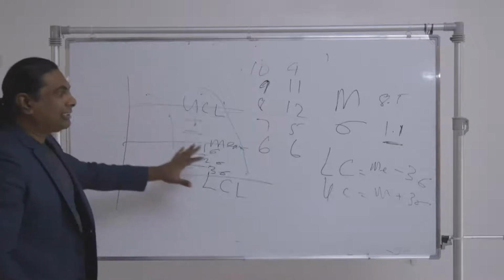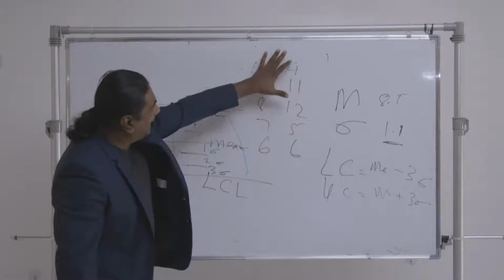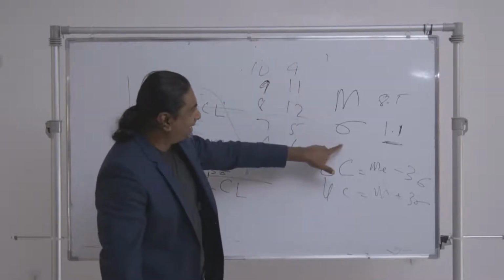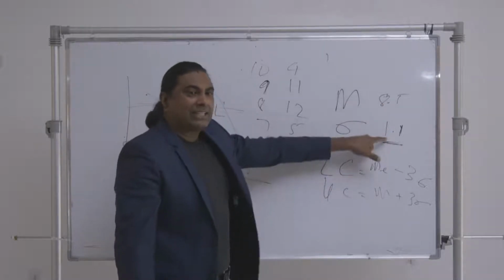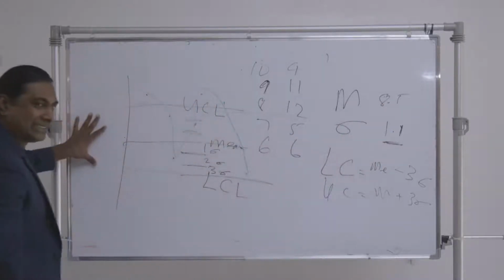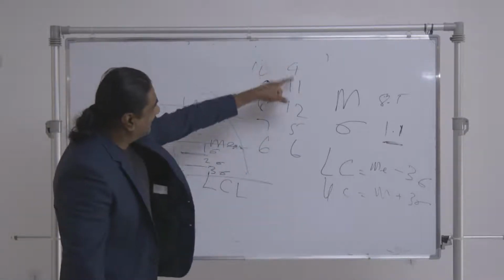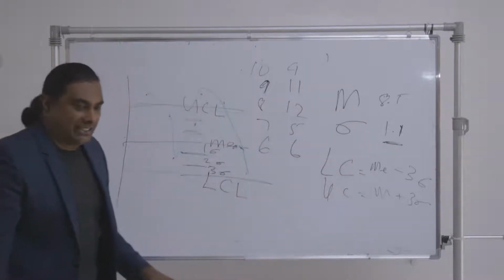Okay, so that's all this is. I'm taking these 10 numbers, and I'm calculating the mean and standard deviation. The only reason I'm calculating this is so I can draw this chart. But the chart has these numbers in it, relative to the mean and relative to the standard deviation.